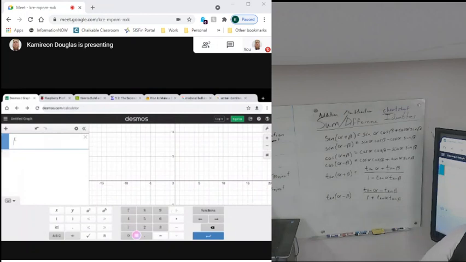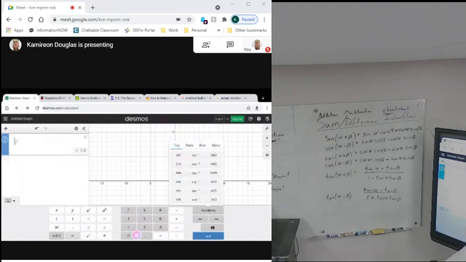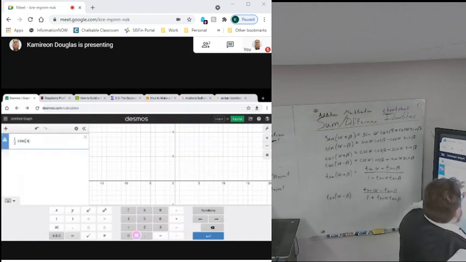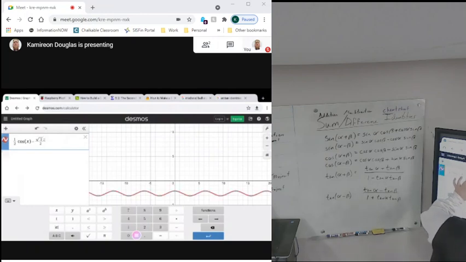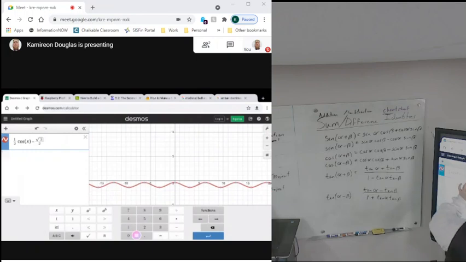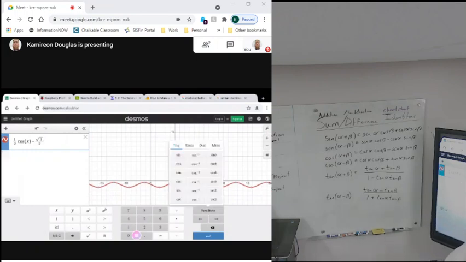1/2 cosine of x minus square root of 3 over 2 sine of x.